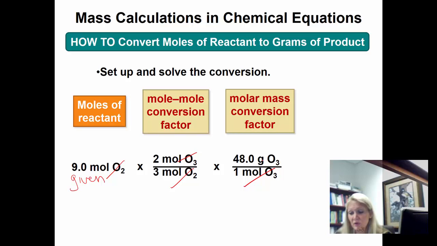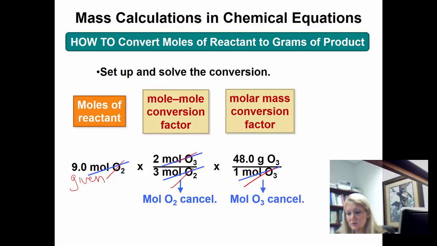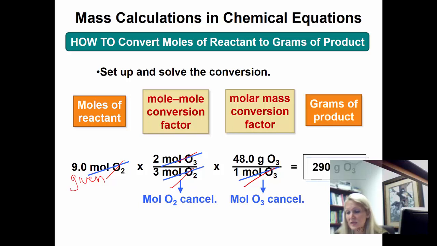That leaves us with grams of ozone as our unit, and that is what the problem asks for. So moles of O2 cancel, then moles of ozone cancel, and we're left with 288 grams of ozone.